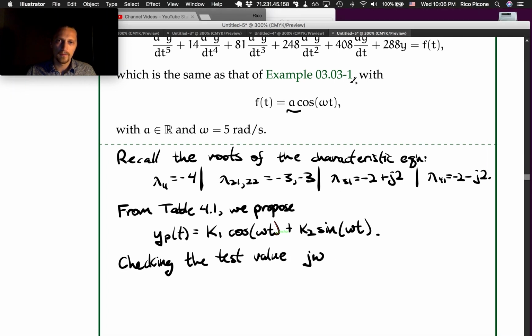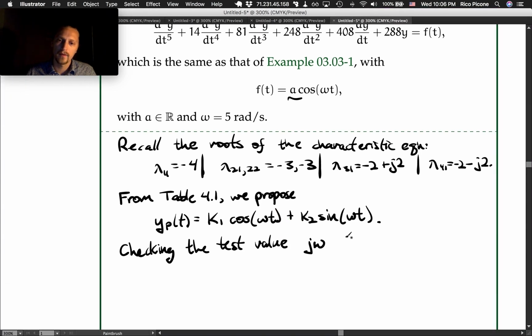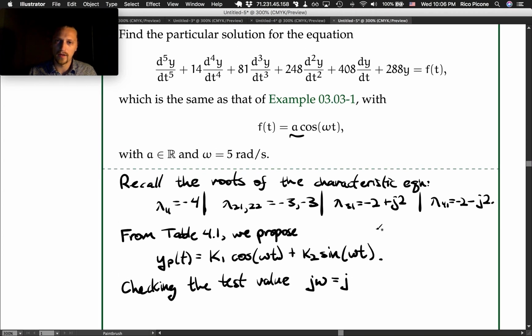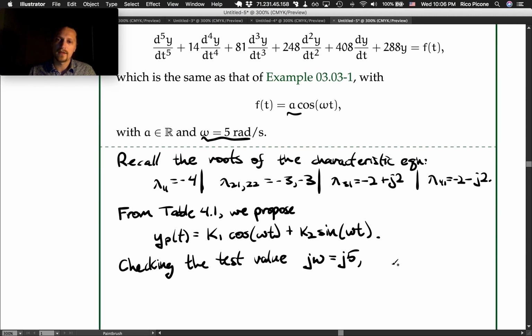So j omega is equal to j, our imaginary number, times omega, which is 5 radians per second, so j5. We see that this is not equal to any of these lambdas. So we have -4, -3, -2 plus j2.